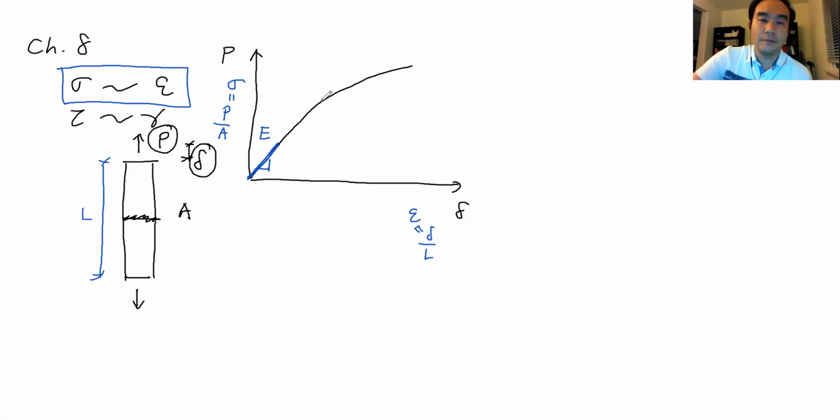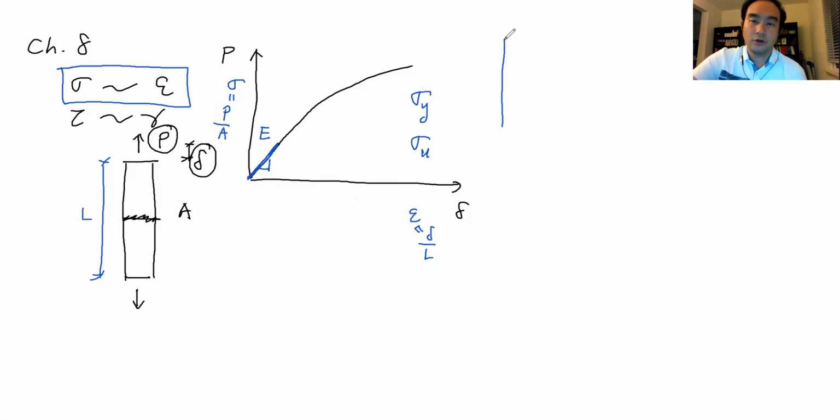That is defined by the yield point, called sigma y. We can also see the ultimate strength of the material, sigma ultimate, sigma u. Okay, so these are important mechanical properties to identify a certain material.